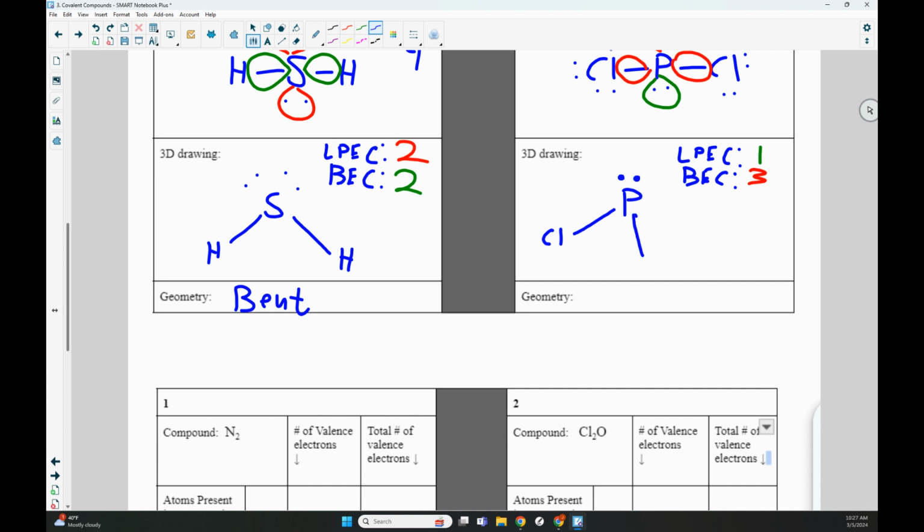We've got one chlorine coming out towards the viewer of the page. And then we have one chlorine over here that is going back behind the page. And that is the three-dimensional model for phosphorus trichloride. And its shape is like a pyramid, so we say it is pyramidal.